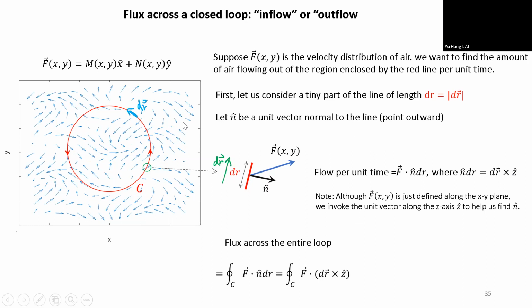Again, using the right hand grip rule, dr cross z gives a vector pointing in this direction. For any segment in this curve, just do dr cross z, then you'll find your normal vector. Of course, the magnitude of this cross product is just dr.